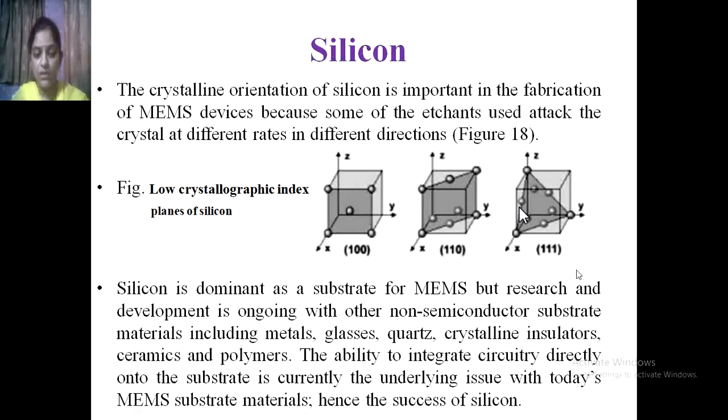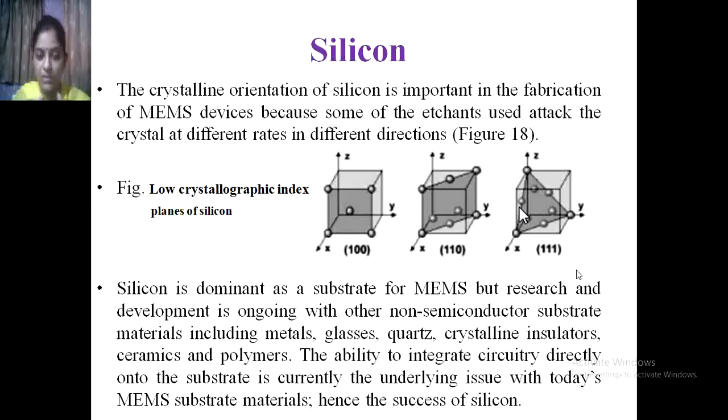Silicon, from traditional electronic devices, is one of the best and most common materials; the semiconductor material is nothing but silicon. In MEMS fabrication also, the silicon substrate is very important, and the silicon crystalline orientations 100, 110 and 111 are very important while fabricating MEMS devices.